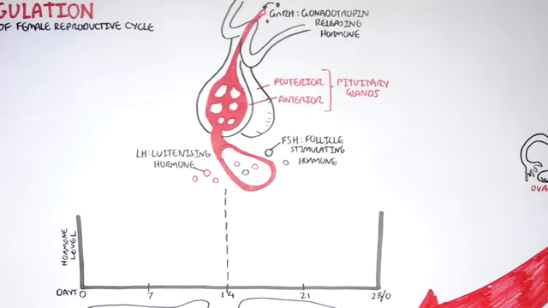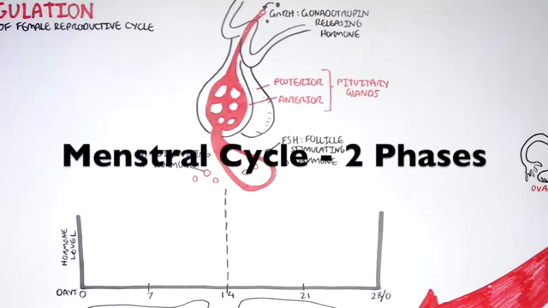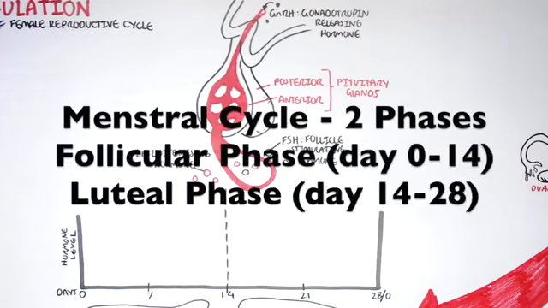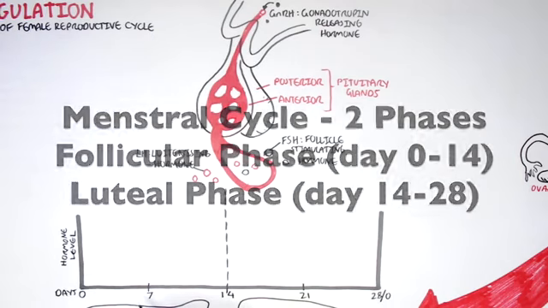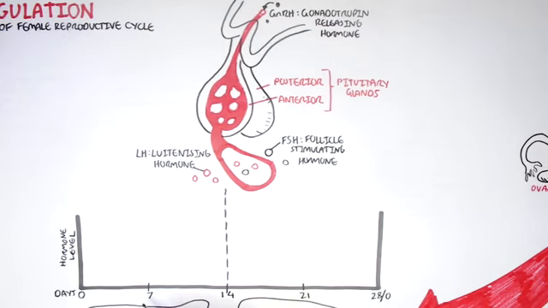The dotted line in the middle is 14 days, which is halfway. Just to simplify things even more, the menstrual cycle can be divided into two phases. The first 14 days is known as the follicular phase, and the last 14 days is known as the luteal phase. And this is important to keep in mind. The first is the follicular phase, the second is the luteal phase.